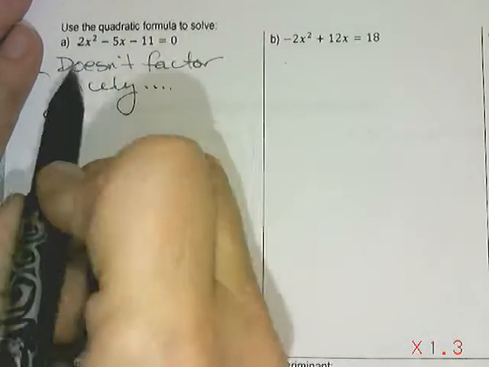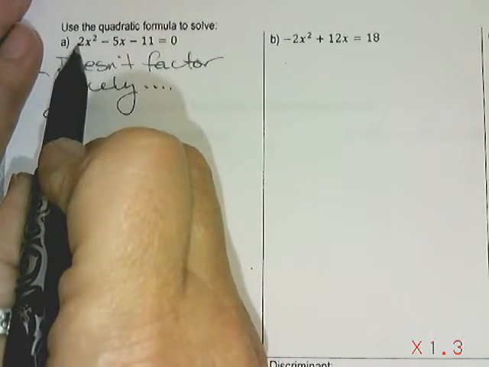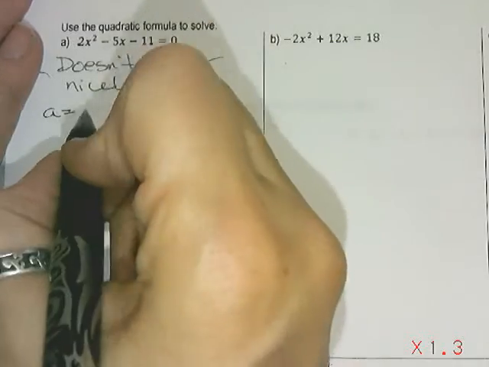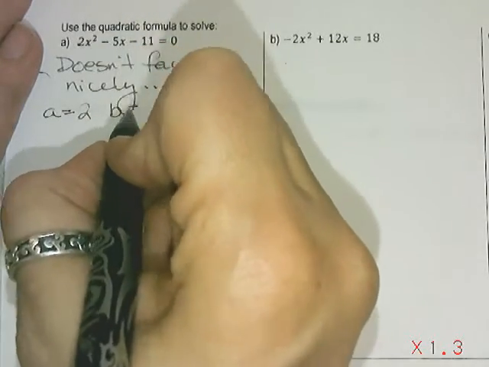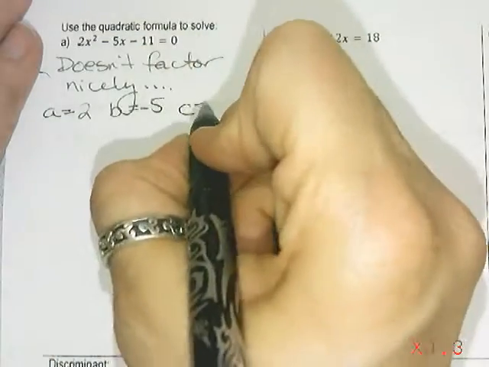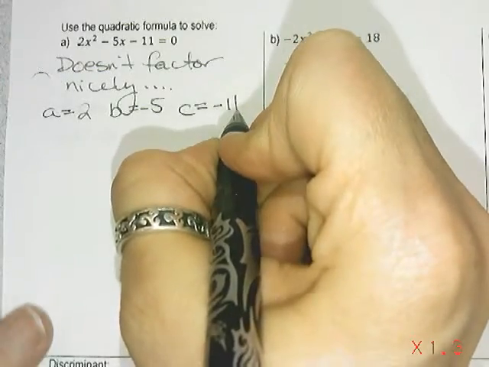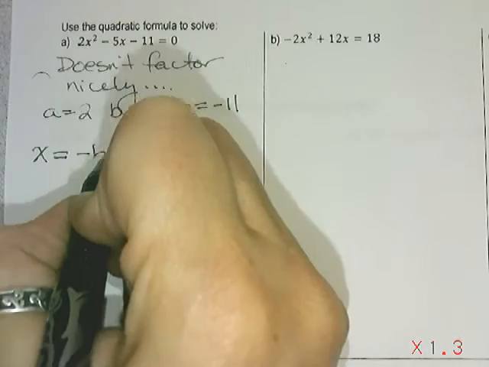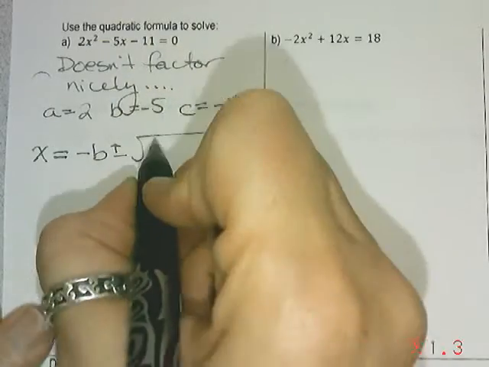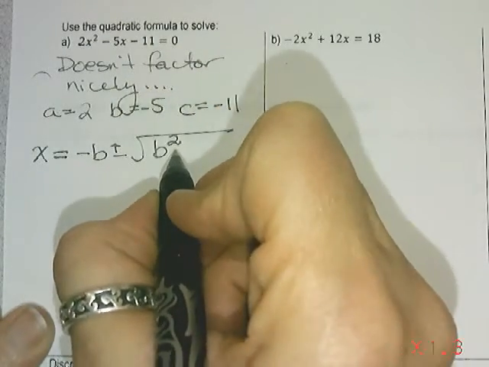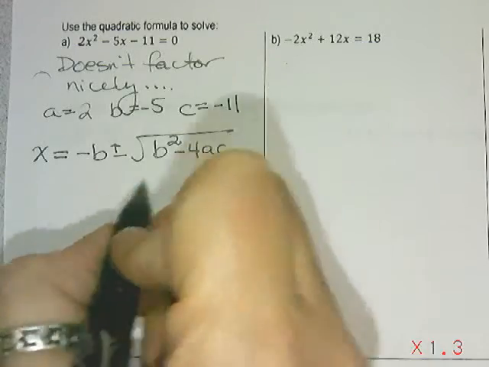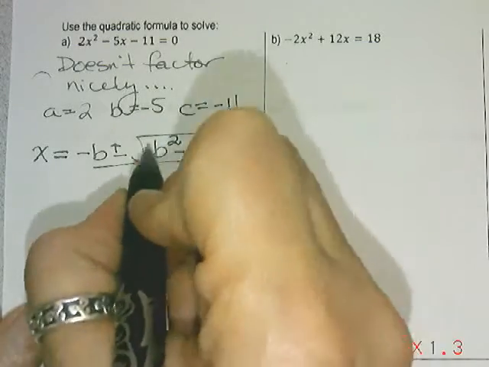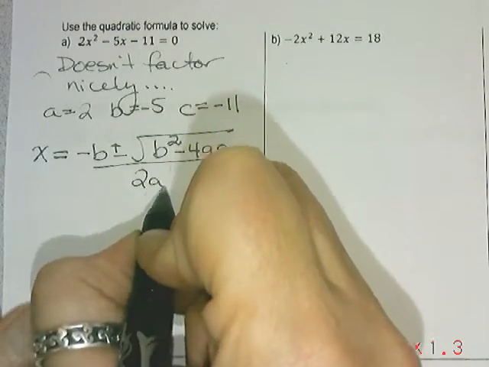And so in this particular quadratic equation, I have a 2 for a, -5 for b, and c is equal to -11. So when I run this through the quadratic formula, x equals -b plus or minus the square root of my b squared value minus 4ac under that root sign, the discriminant under the root sign there, all over 2a.